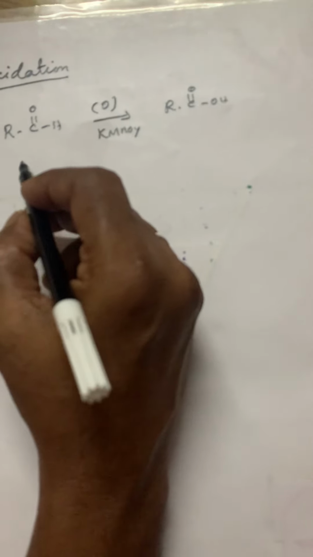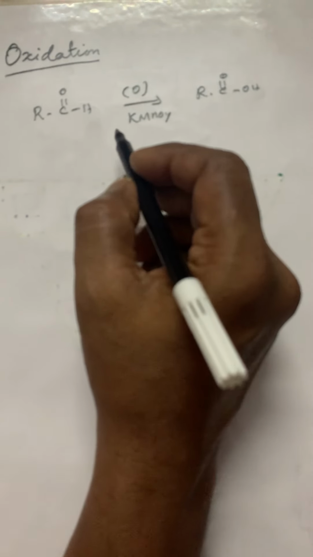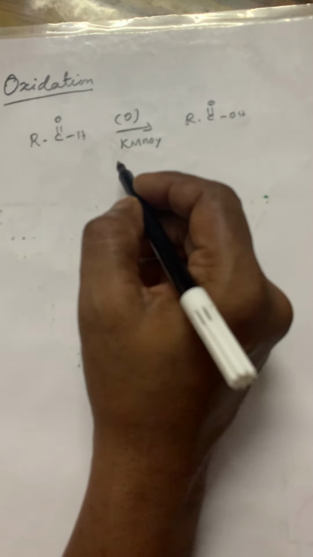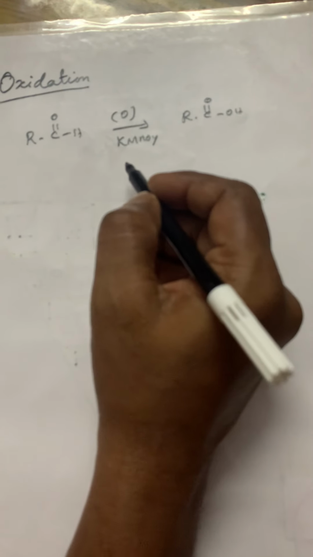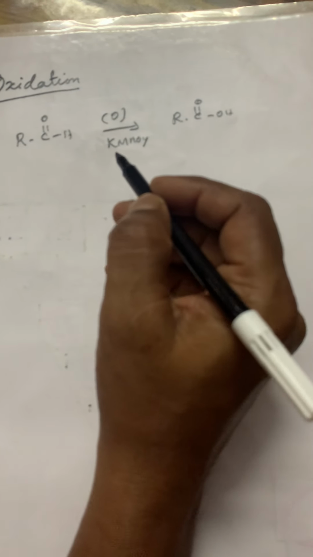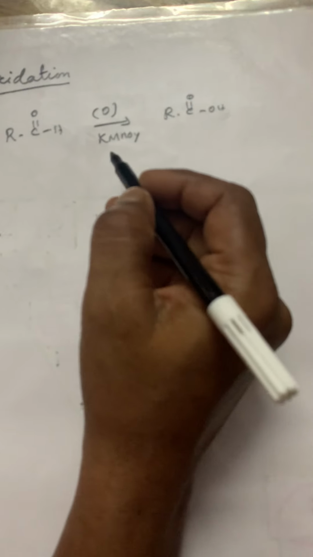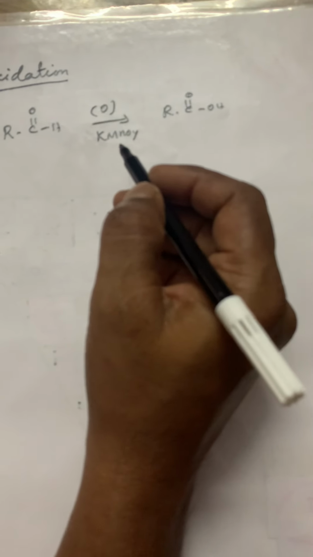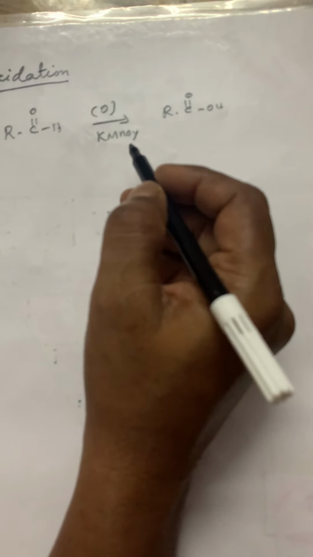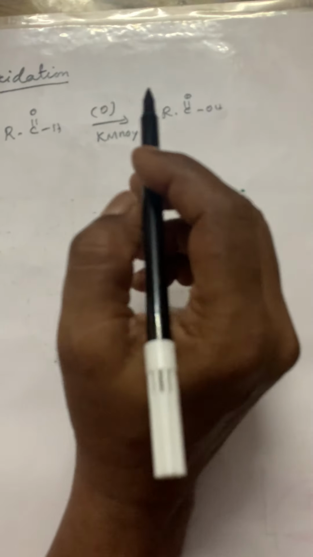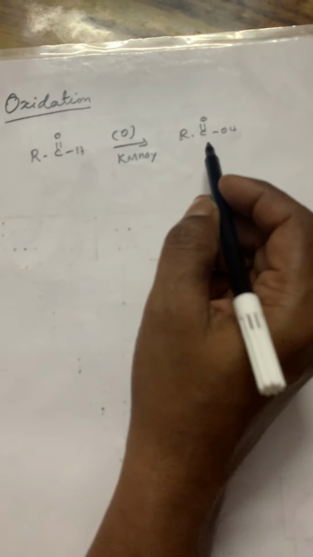The aldehyde undergoes oxidation in presence of nitric acid or potassium permanganate or potassium dichromate. Even a mild oxidizing agent converts an aldehyde to carboxylic acid.